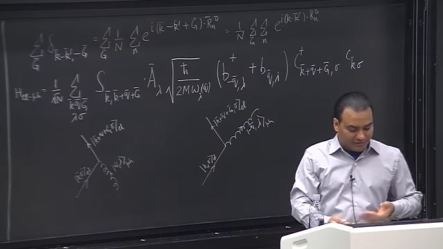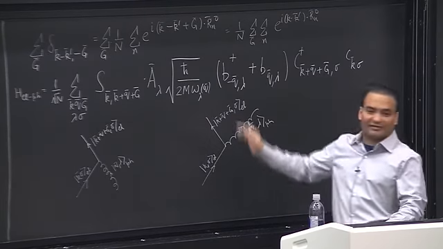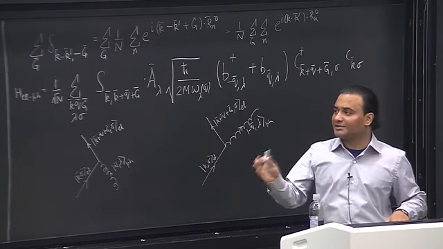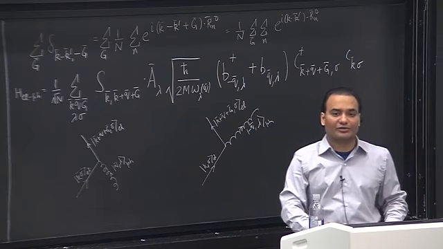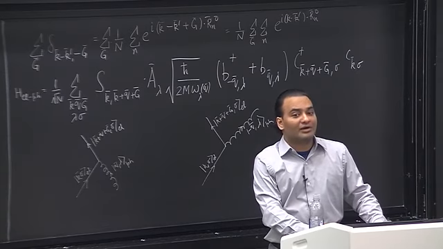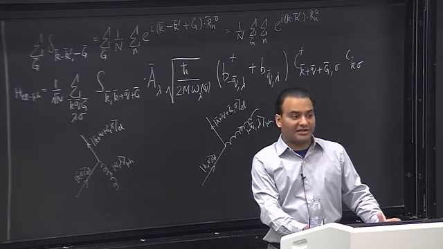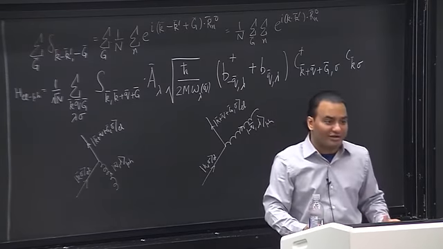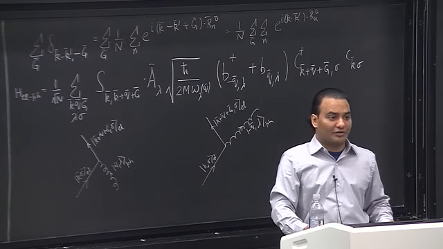So far so good. We have the general form of the electron-phonon interaction. Let me just say one last thing and then we'll continue tomorrow. Our goal is to develop, or to consider, an interaction between electrons mediated by phonons.